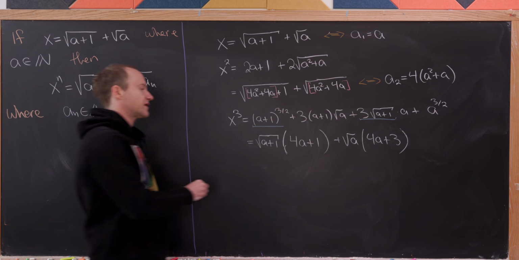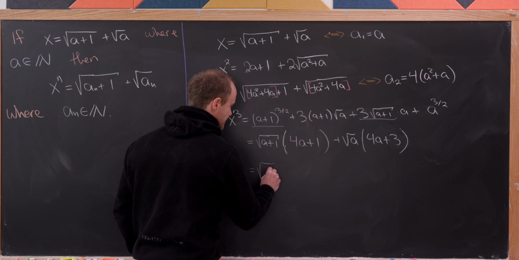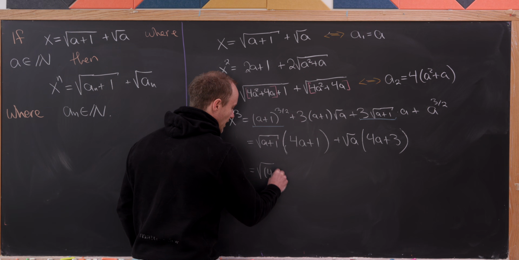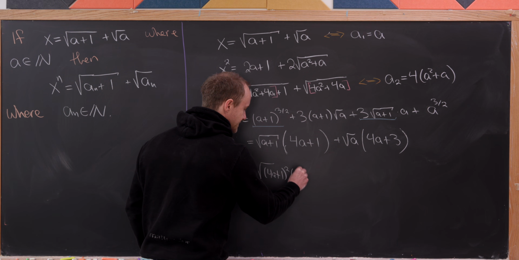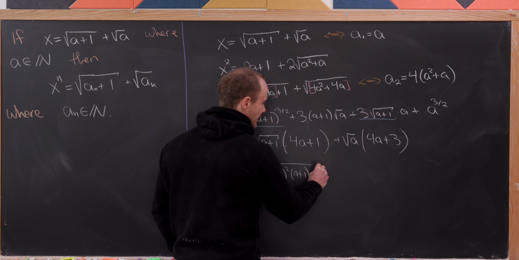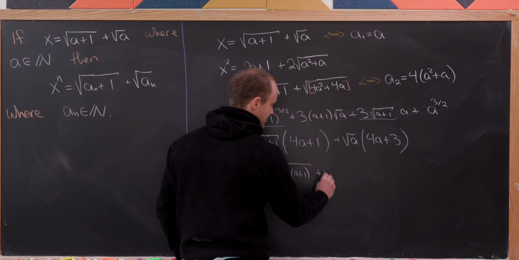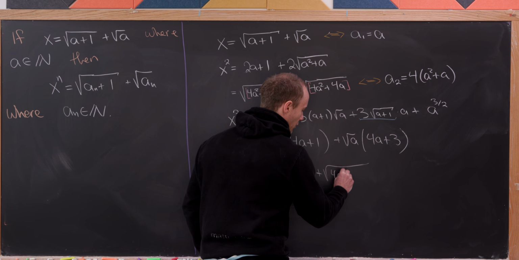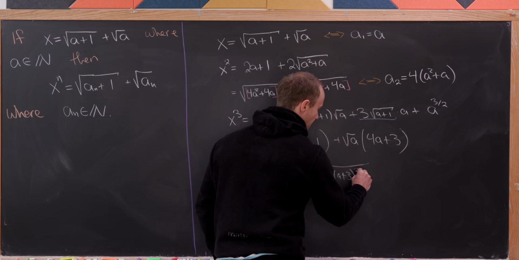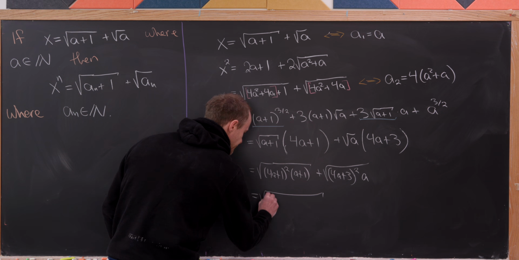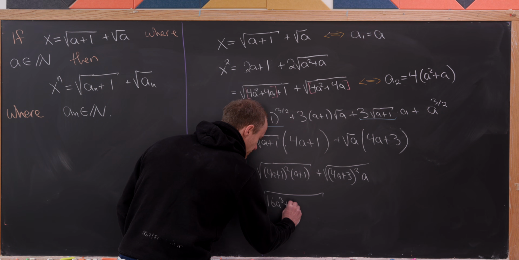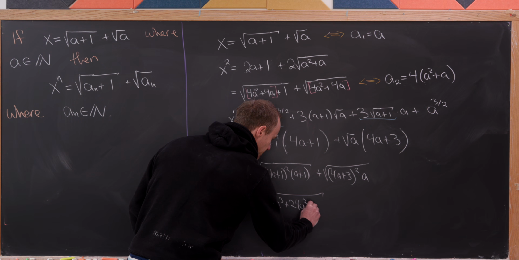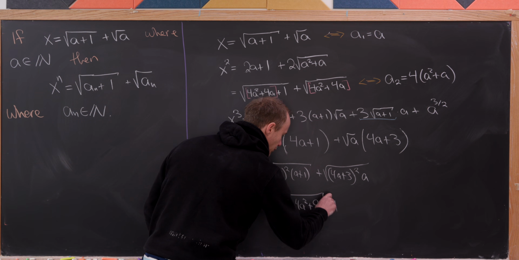But now we can bring those inside, and here we'll have the square root of 4a plus 1 squared times a plus 1. And then here we'll have the square root of 4a plus 3 squared times a. So of 16a cubed plus 24a squared plus 9a plus 1.